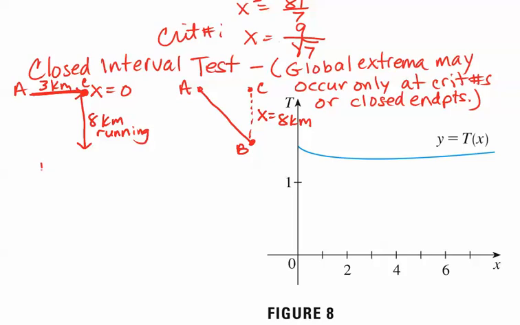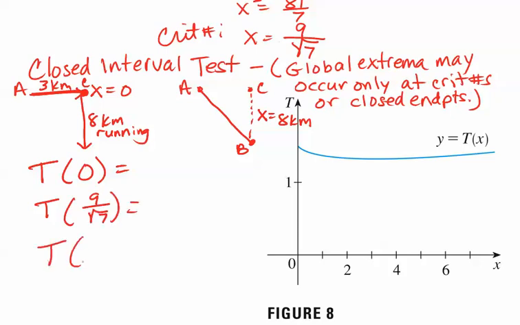So what we need to find then is our time at the endpoints and our time at the critical number. And you can grab your calculator to plug these in and compare. And if they're not exact values, then change the equal signs to approximates.